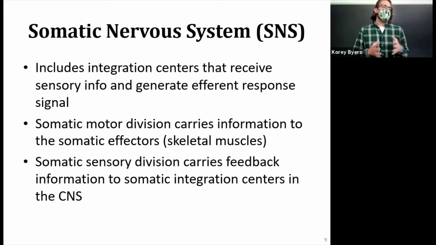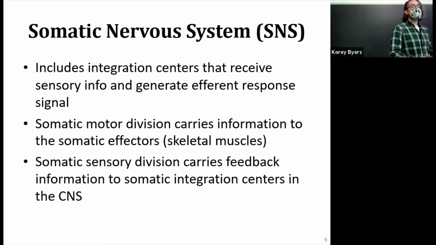And so if we're going to break it up into what the system does, we can start with the somatic system, which includes the integration centers that receive info and then generate that efferent response. Do you remember what somatic or soma means in biology? We talked about somatic cells.